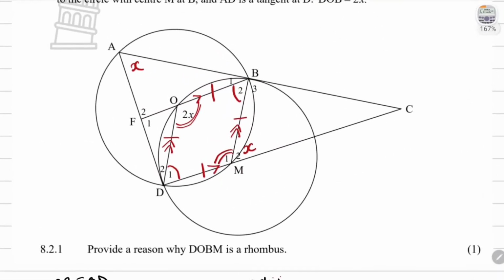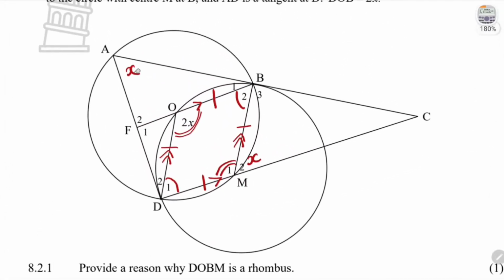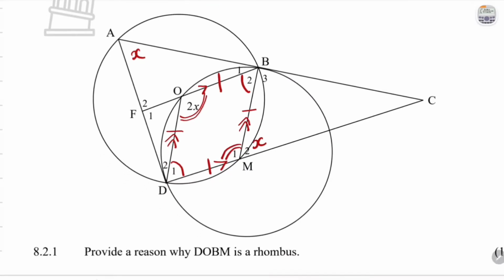Okay, so let's look at angle D1. As I'm going, I'm writing everything down because it's very important to do that. Why is angle D1 equal to x? Well, do you see that we said these lines are parallel? These lines are parallel because this is a rhombus.